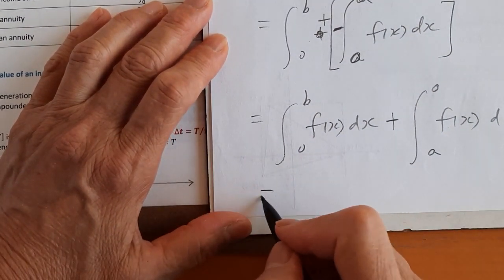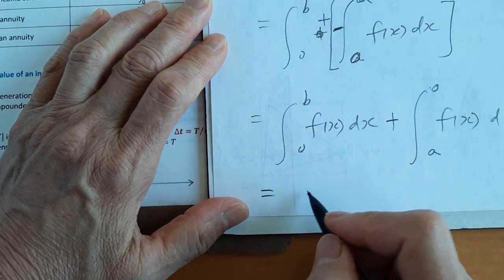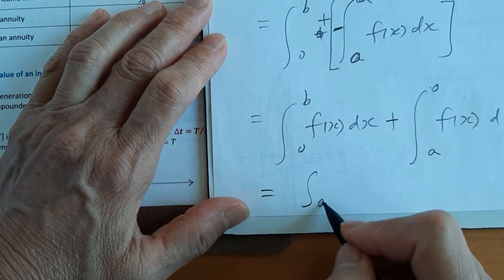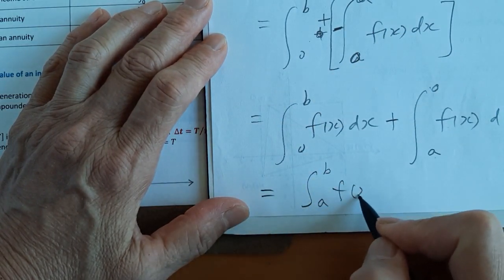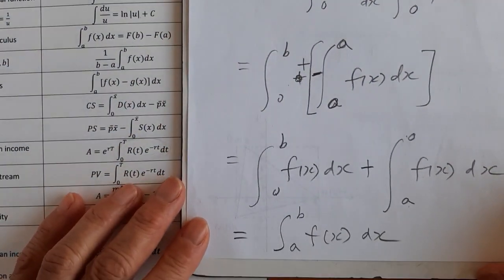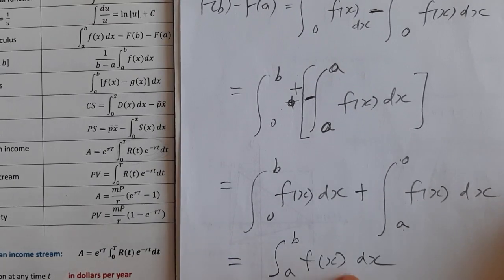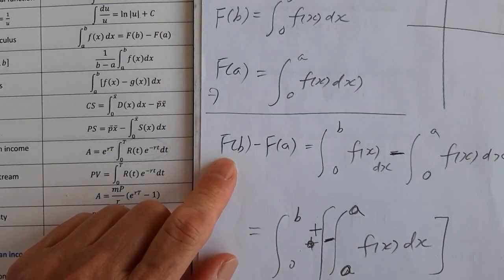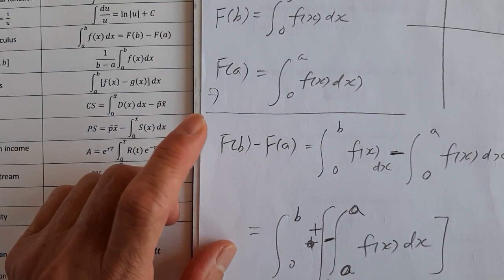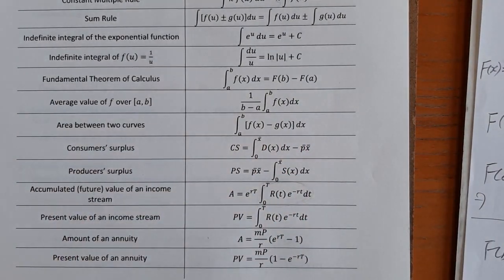So the two together, from a to 0, then 0 to b, equal the integral from a to b of f of x dx. So the integral from a to b of f of x dx equals F of b minus F of a.